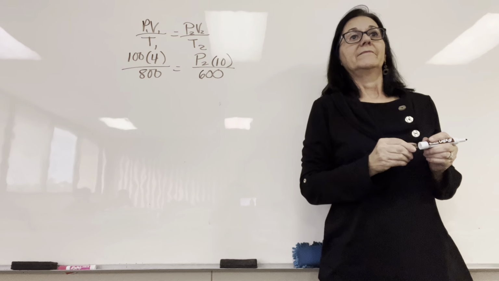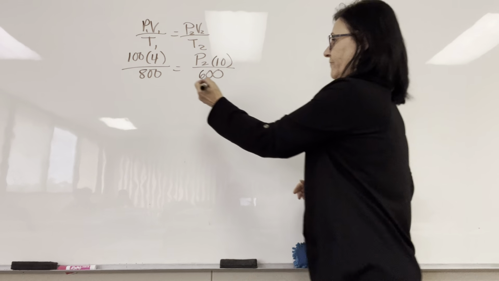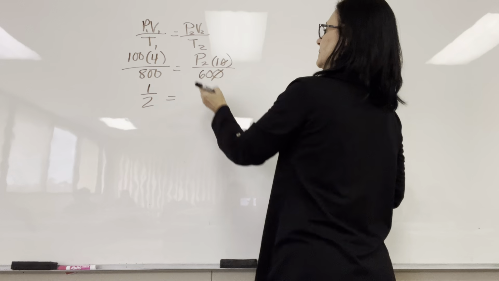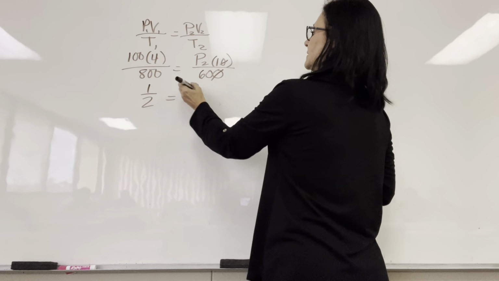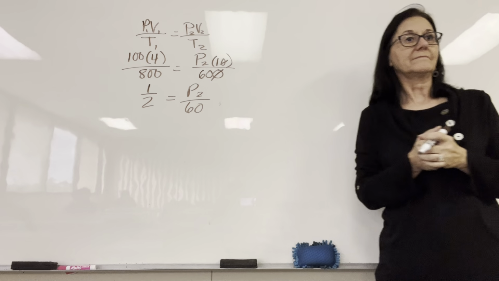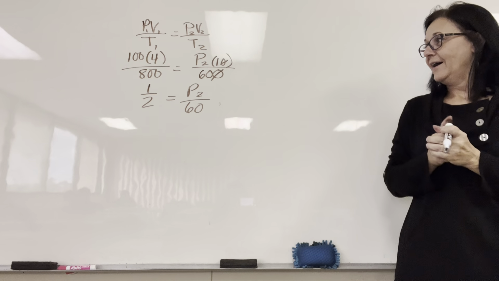Yes, Mackenzie? Can we simplify first? Okay, simplify. How do you want to simplify? Well, that would be 1/2 because 100 times 4 is 400, which is half of it. You can simplify, yes? And then the 10 over 600, you can just cross out through. Okay.